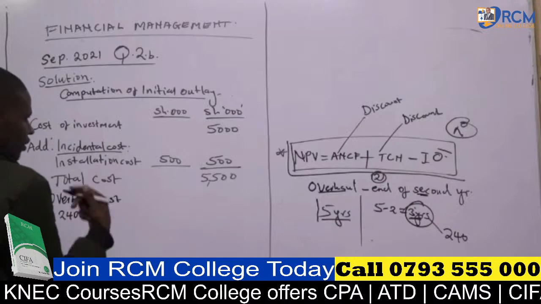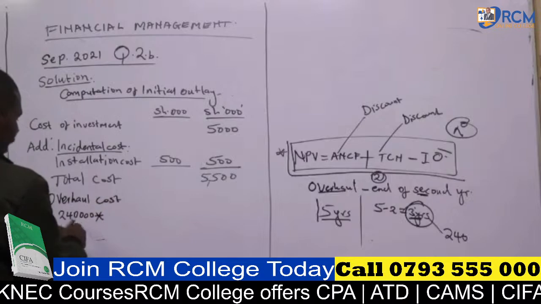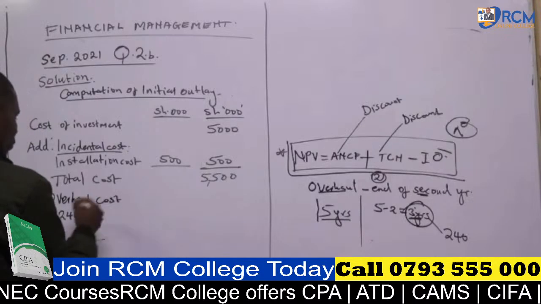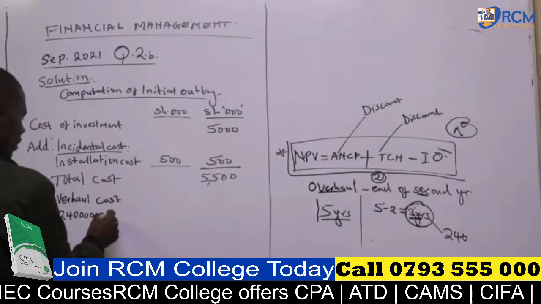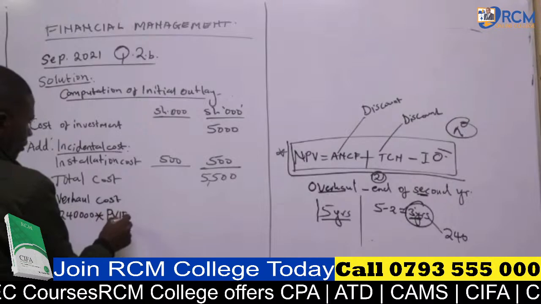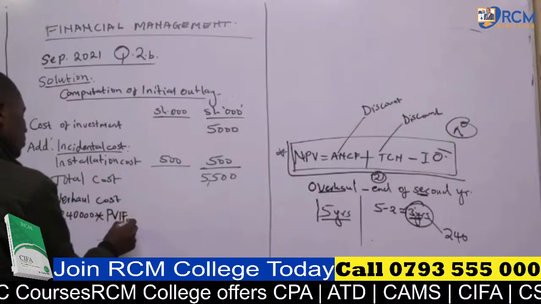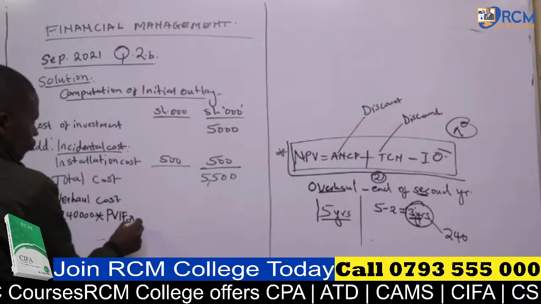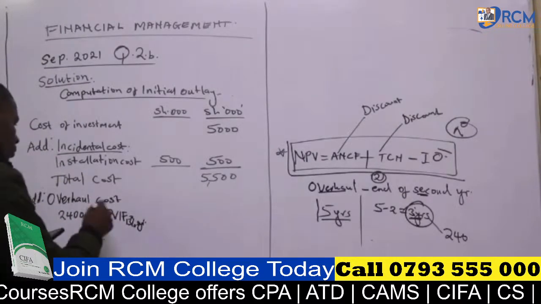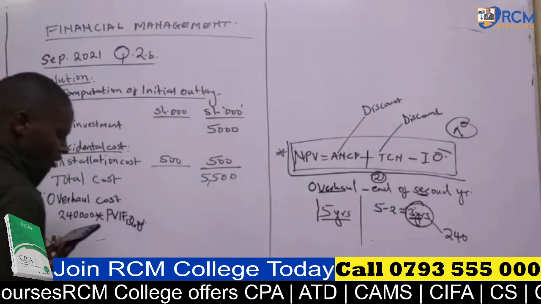So this is not an annuity. It is different years with different amounts. So we multiply by the PVIF at 13%, 2 years. What is the PVIF at 13%, 2 years?